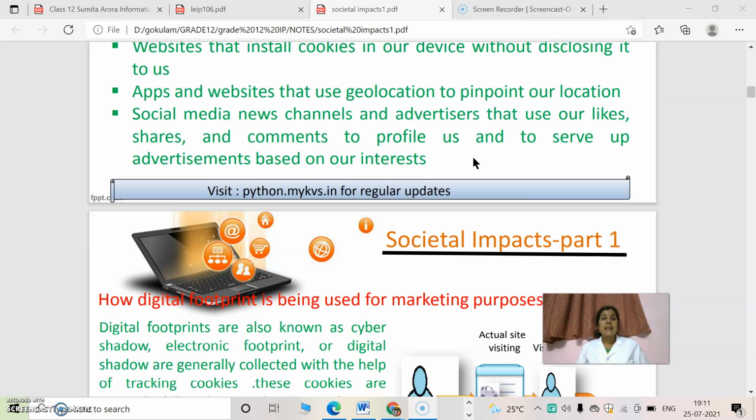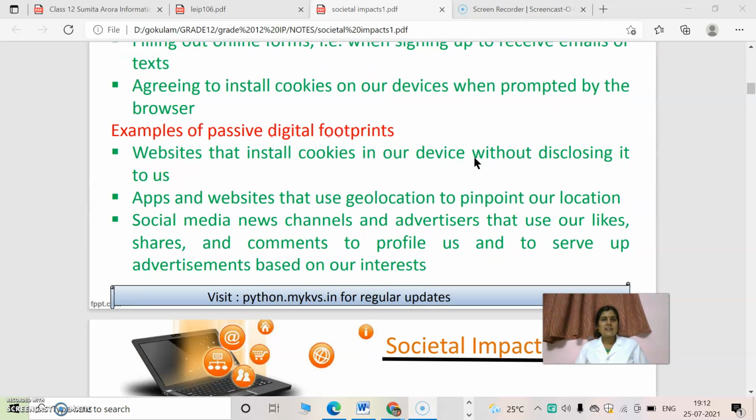Then social media, news channels and advertisers use our likes, shares and comments to profile us and to serve up advertisements based on our interests. Suppose we are searching for something on Facebook or Flipkart. What happens?